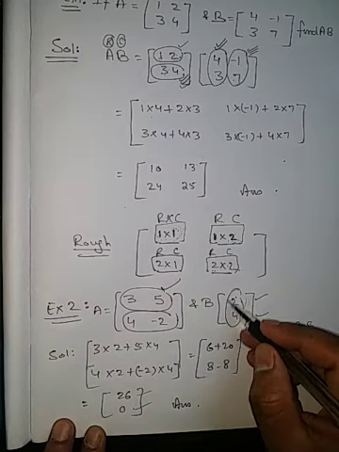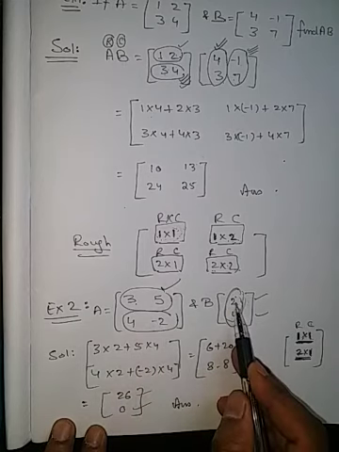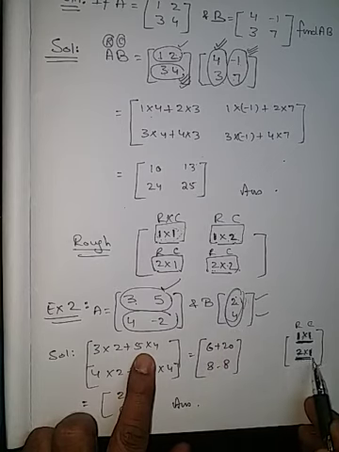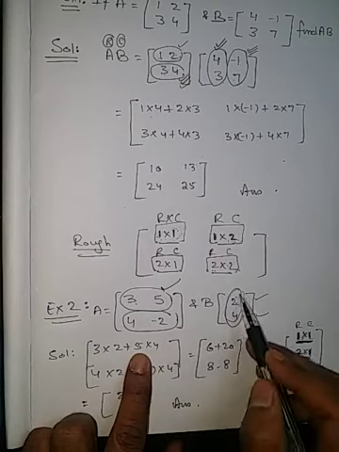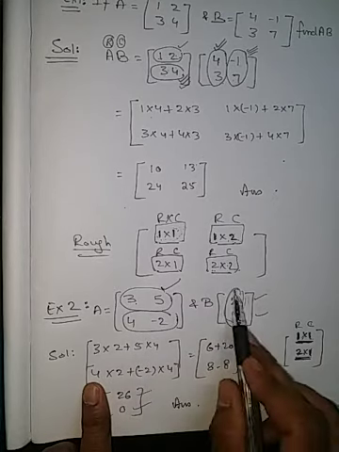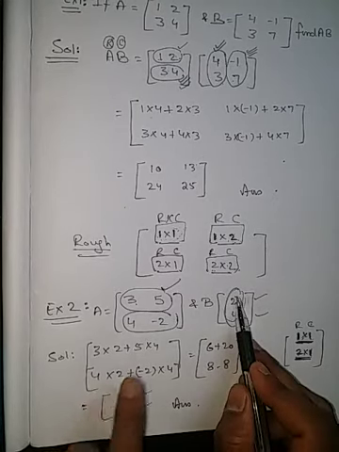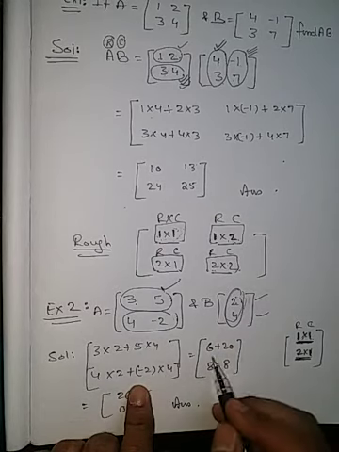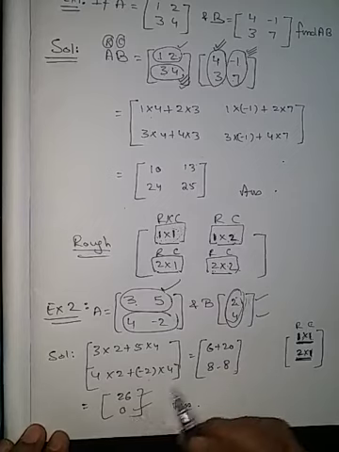First row, first column: 3 into 2 plus 5 into 4. Second row, first column: 4 into 2 plus minus 2 into 4, along with the sign. That gives 6 plus 28 minus 8. We have got two terms.